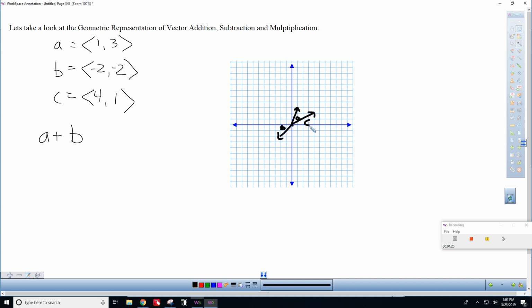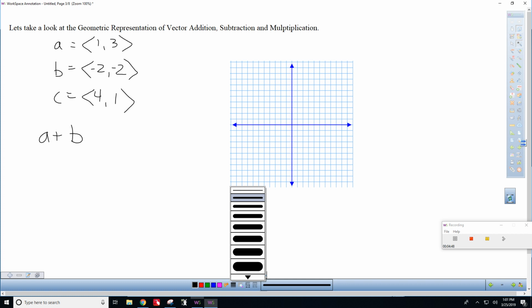So there's C. Well, what does A plus B mean? I'm going to get rid of C for now. We start at 0, 0 if we want. It doesn't matter. We can start wherever we want, but that's an easy way to explain it. So we start at 0, 0 and we go in the A direction and magnitude.